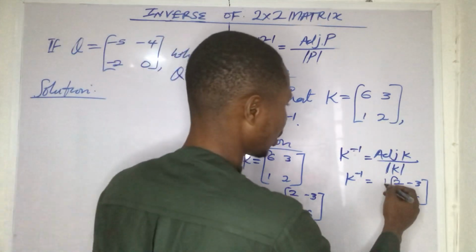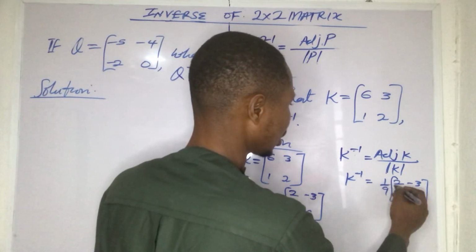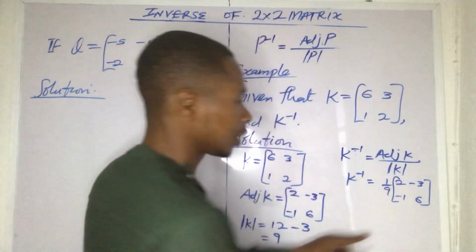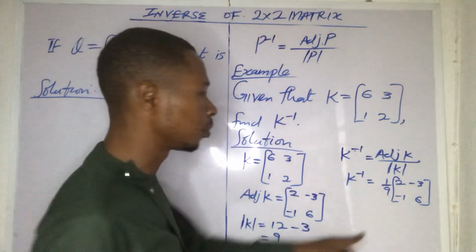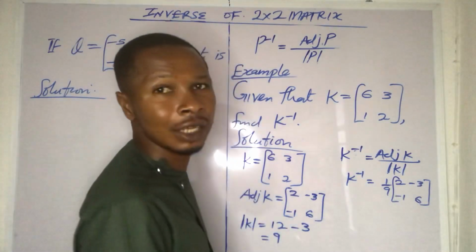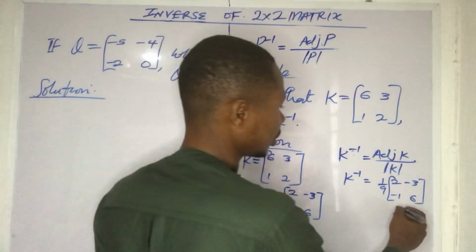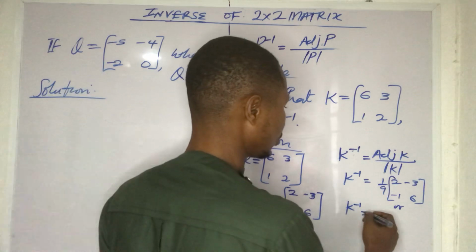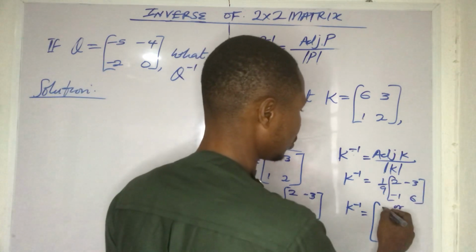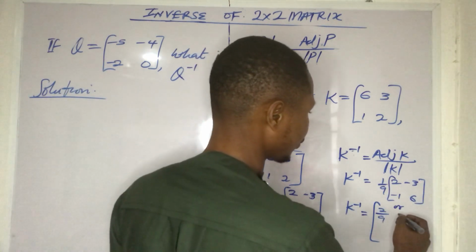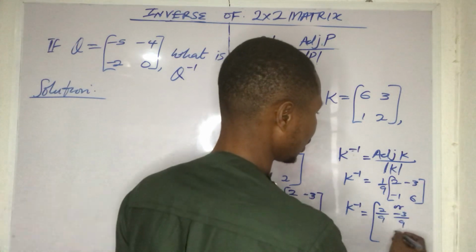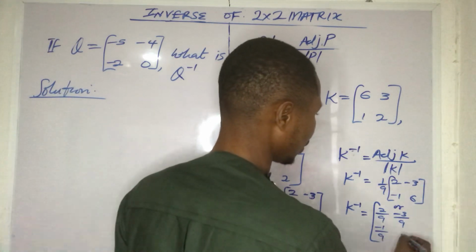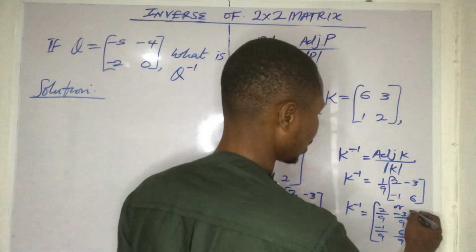That's 1 over 9. You can write it like this, which is acceptable, or you can use the 9 to divide everything in the matrix, so K inverse will now be equal to 2 over 9, minus 3 over 9, minus 1 over 9, 6 over 9.